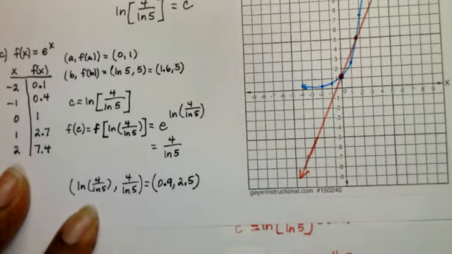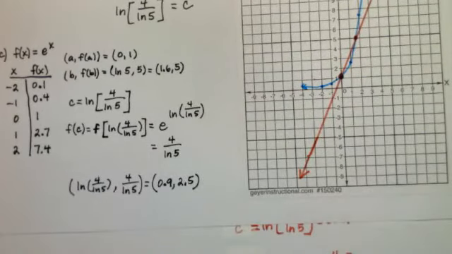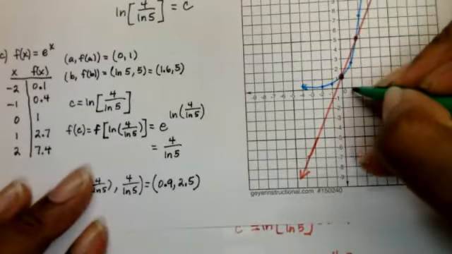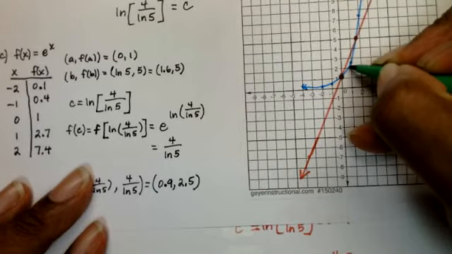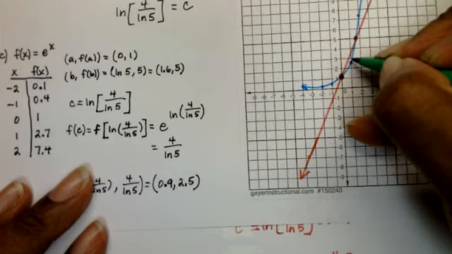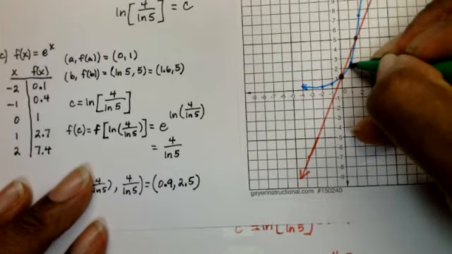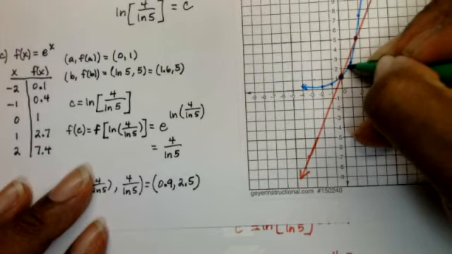So this I will plot on the coordinate plane, and I'm going to use an orange color for that. I'll tell you what, I'll use green. 0.9 is almost to 1. And then 2.5 would be about right here.